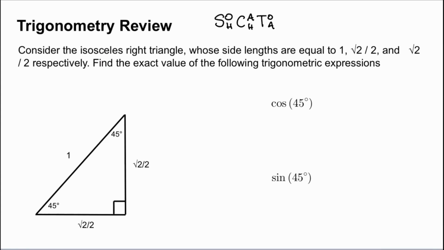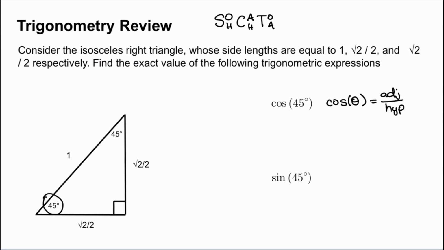So we see cosine of 45 degrees. This is basically our cosine of theta, theta being 45 degrees, is equal to adjacent over hypotenuse. So let's identify our 45 degrees. Now there are two 45 degrees. It's going to work the same no matter which one you choose. So I'm going to have our focus be this guy right here.